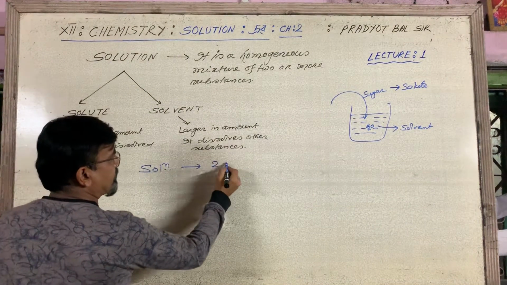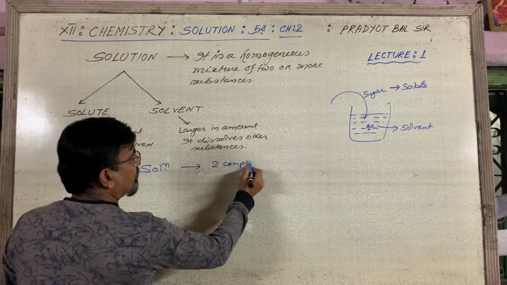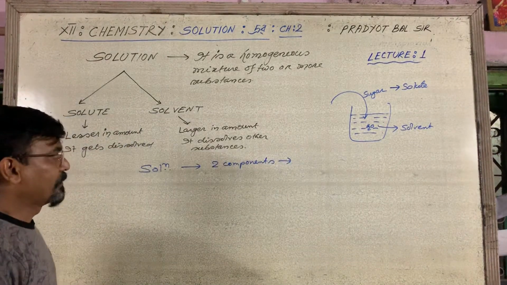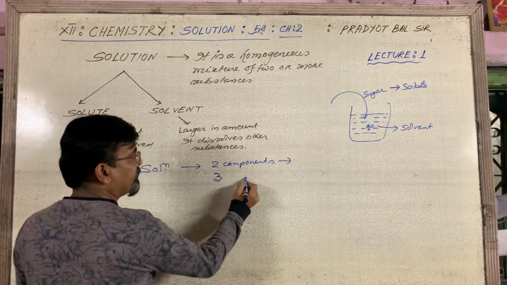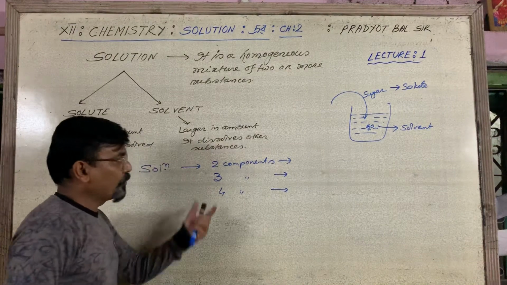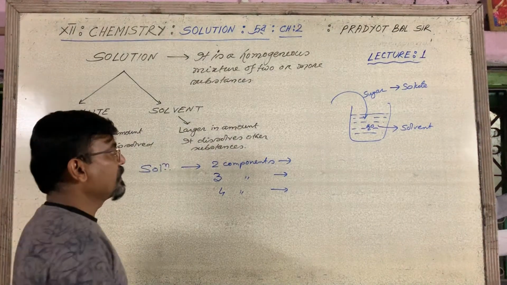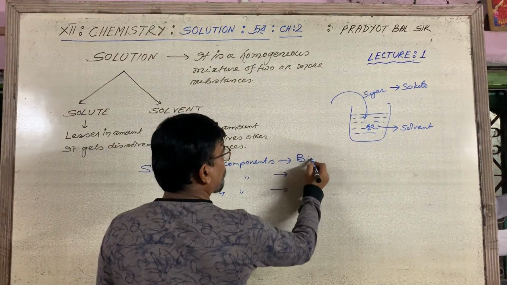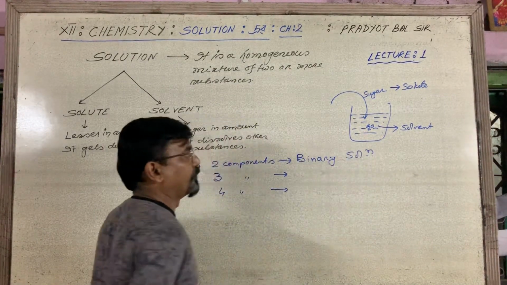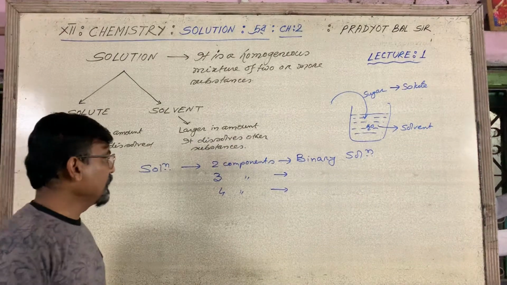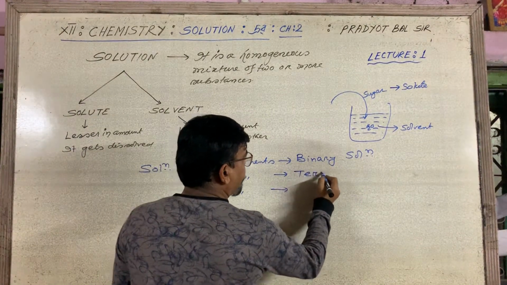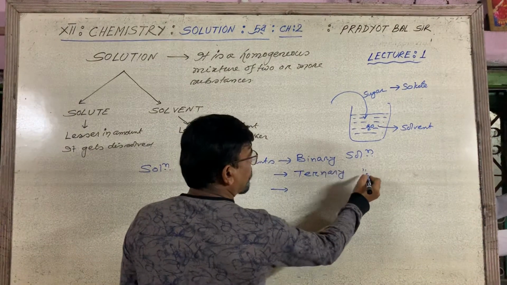Now, more things. A solution can have two components, just like sugar and water. It may have three components, it may have four components. If a solution has two components, it will be known as a binary solution. If a solution contains three components, ternary solution.